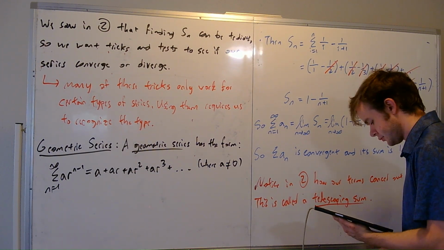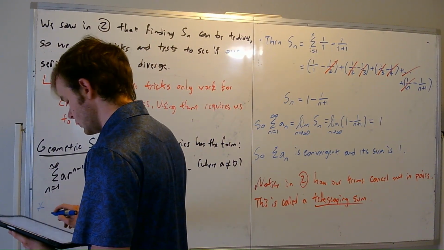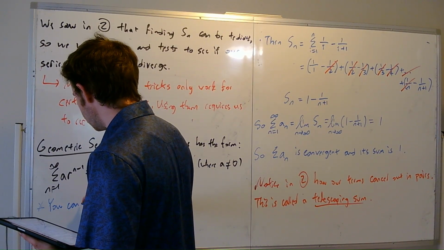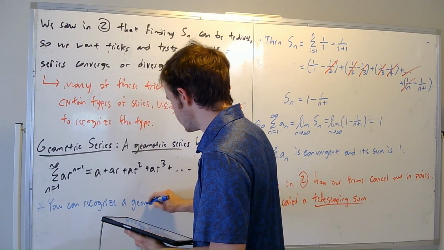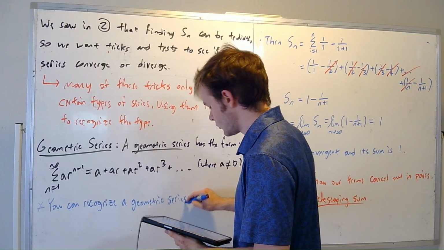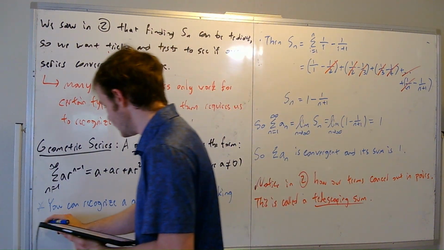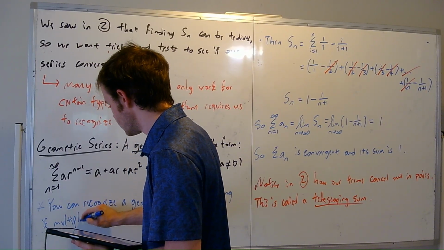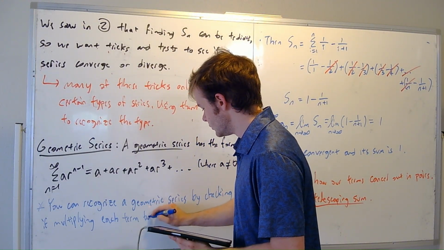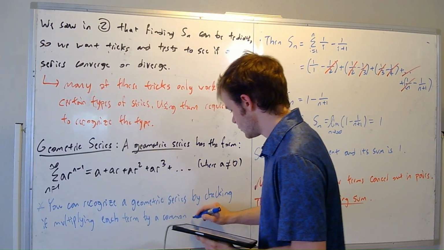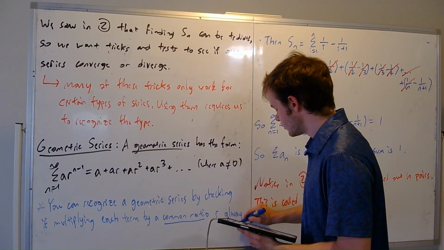Okay, so we need to figure out when we actually have a geometric series, and I'll say here, you can recognize a geometric series by checking if multiplying each term by a common ratio r always gives the next term.